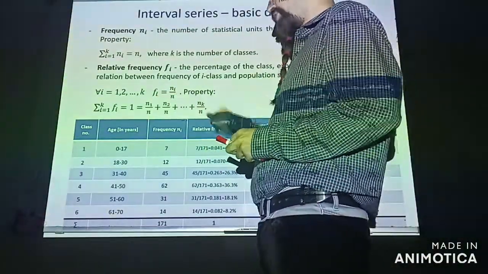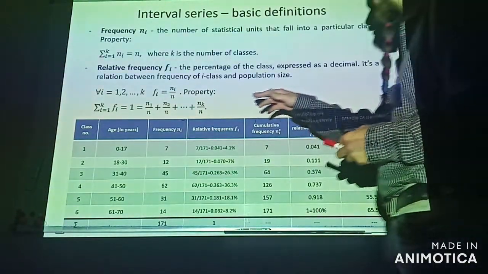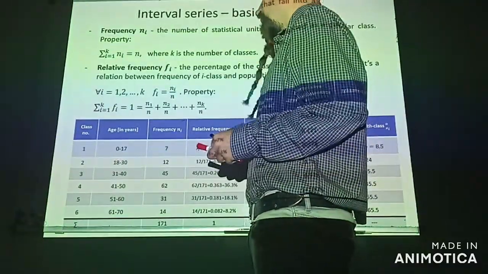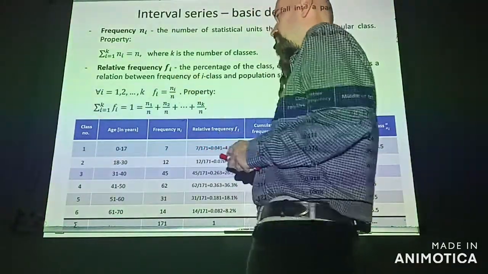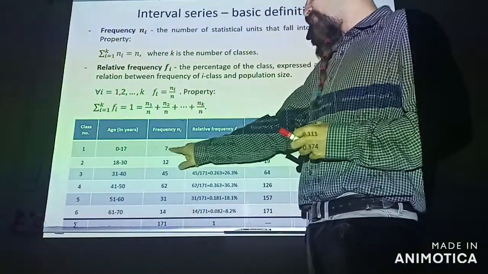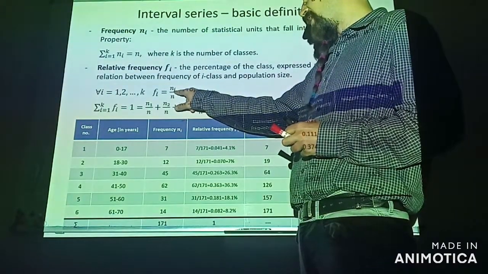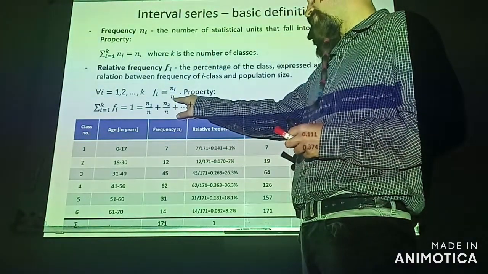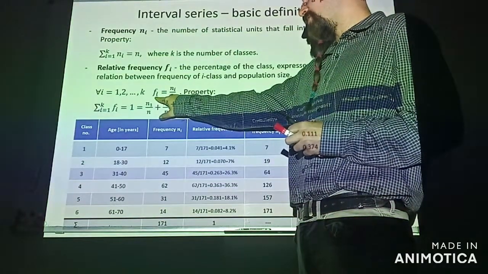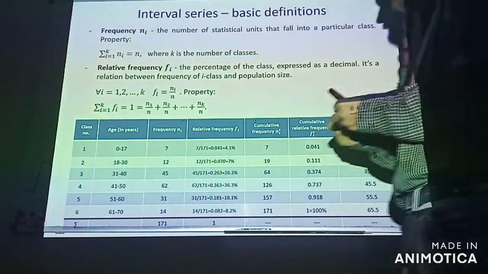In each class we can compute relative frequencies by dividing the frequency from the ith class by the population size, and we receive the relative frequency of the ith class.